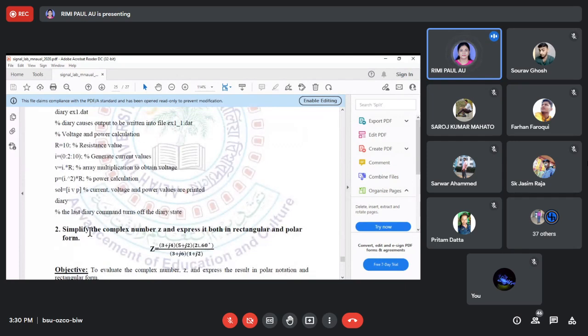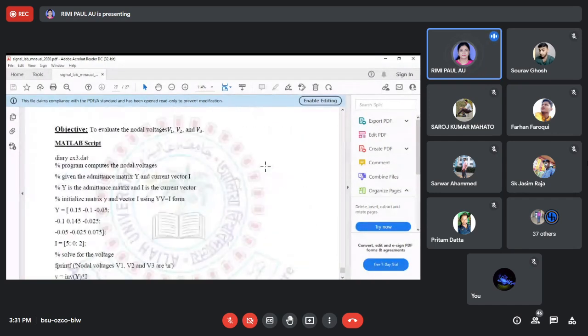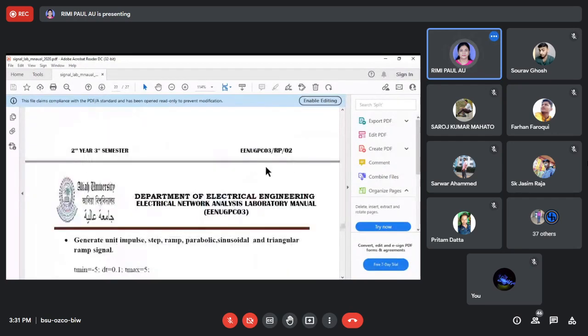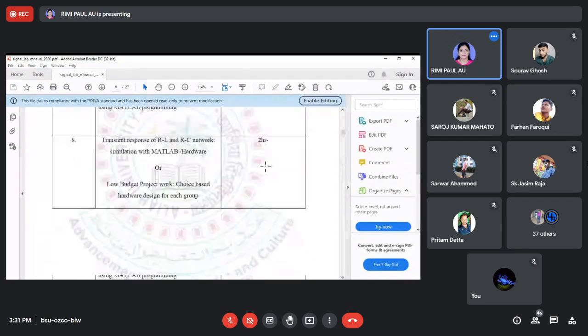Depending on the time, we can solve whichever experiments we can, or if we get time in our simulation lab, we'll solve this problem. Experiment number 7 or any other program is also there.